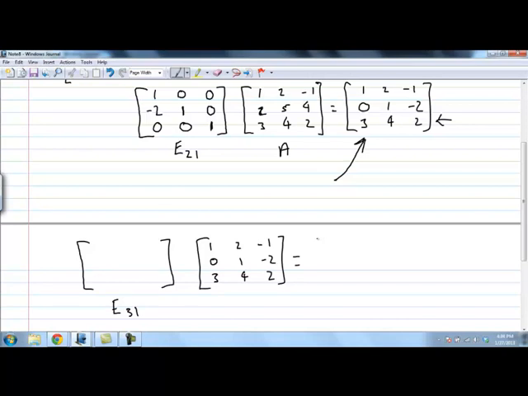And the result will be the result from our elimination after we did the elimination of the 3-1 position, which looks like this.